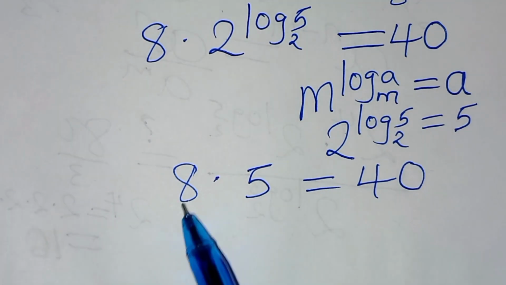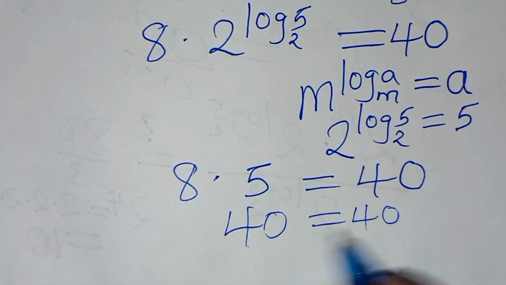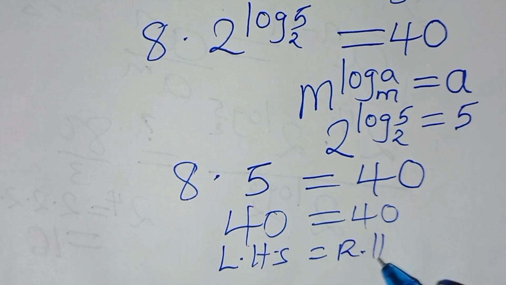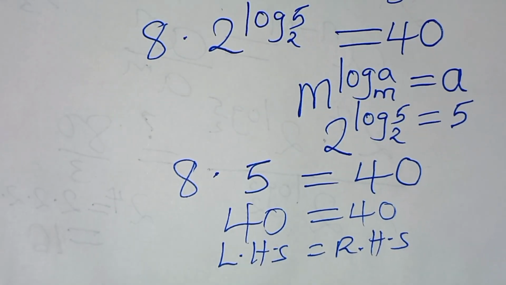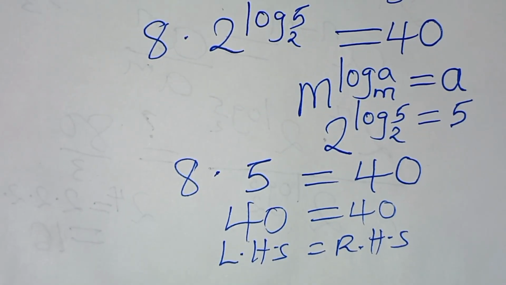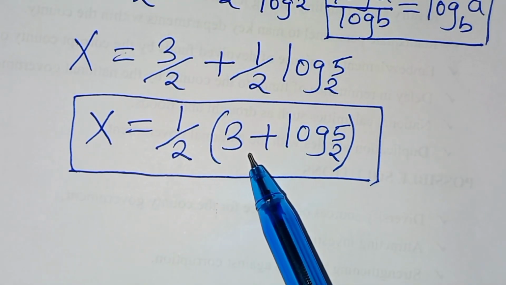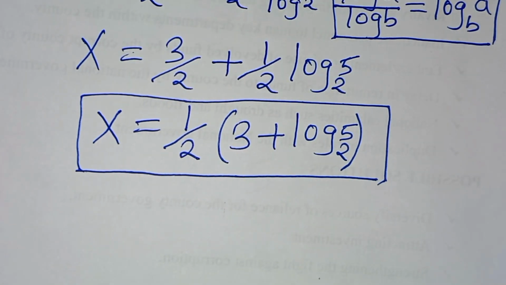So that implies that 8 times 5 is 40, and that implies that the left hand side is equal to the right hand side. And therefore, the value of x, which is a half into the parentheses 3 plus log 5 to base 2, actually satisfies the equation.